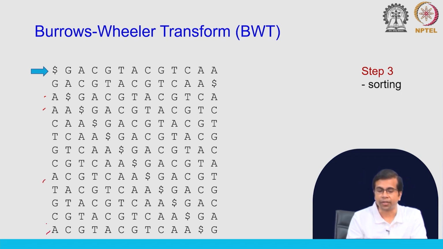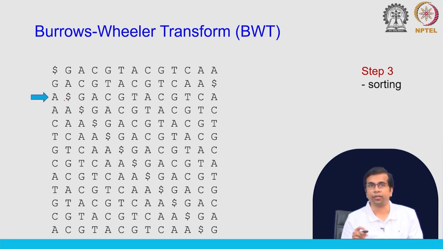Which one would come first? If the first letter is the same, we look at the second letter. If we look at the second letter, we see this one has dollar. Again, remember dollar is smaller than all the letters. So, this one should come now.